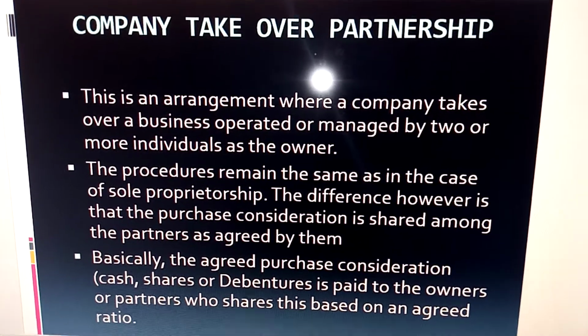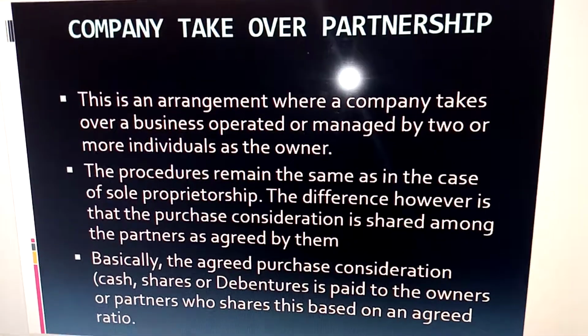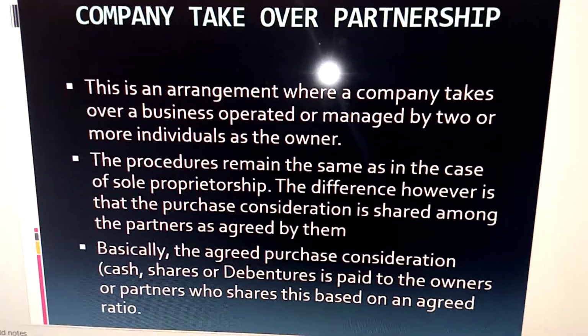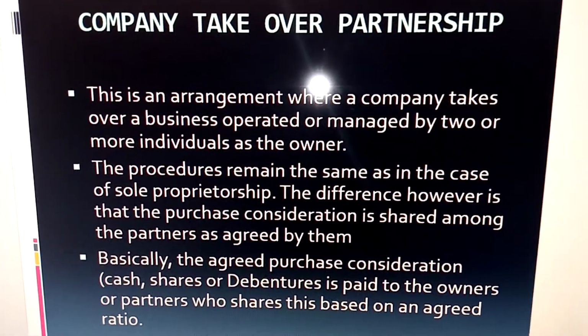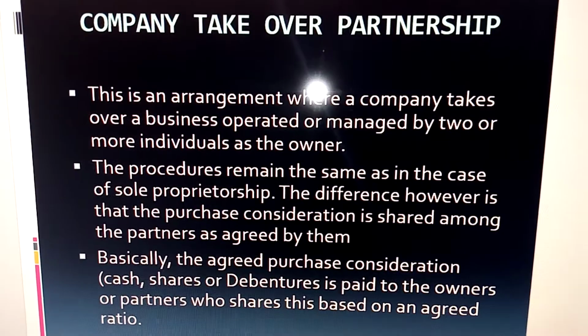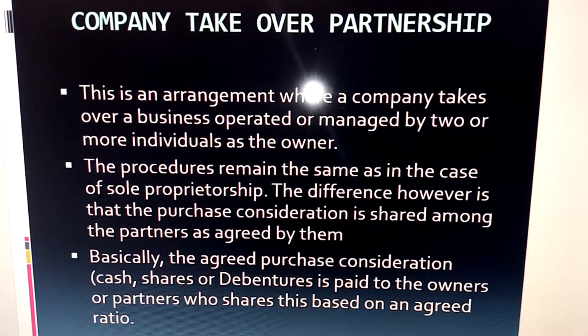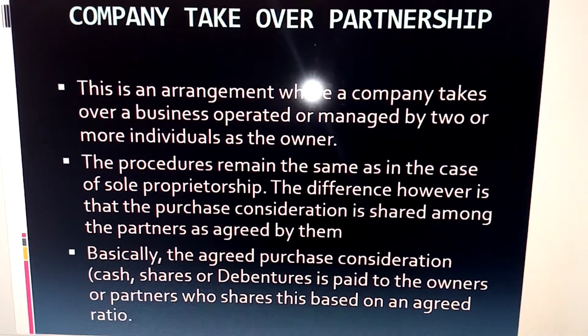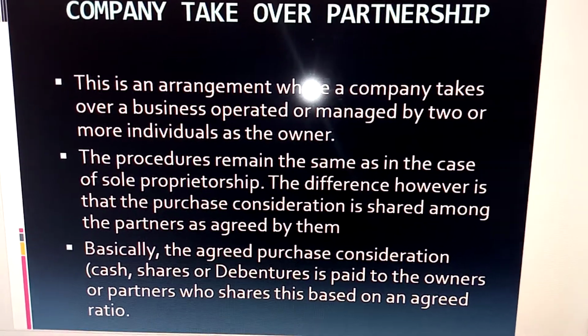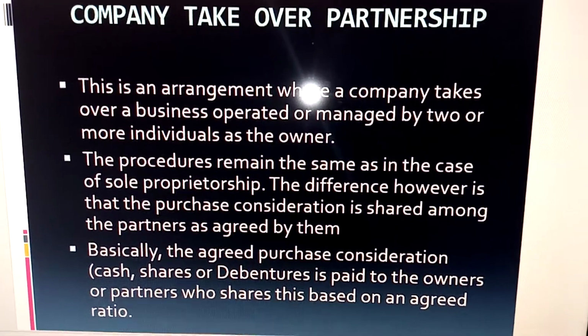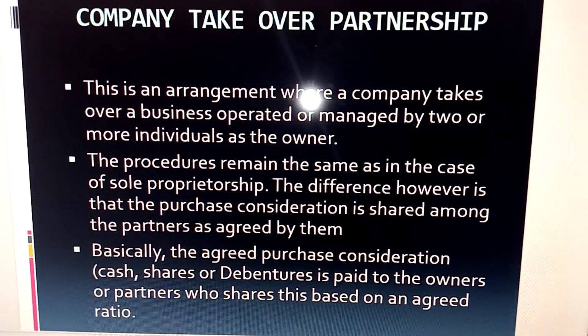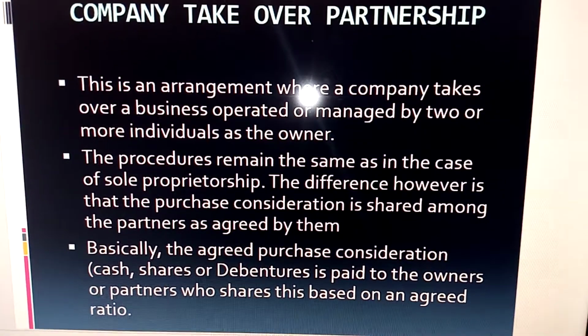Now we're looking at company taking over partnership. So we already know that sole proprietor is owned by one person. Partnership is owned by 2 or more individuals. So in this case now, the company is taking over partnership. It's the same way we deal with one-man business, because you have to pay the partners.